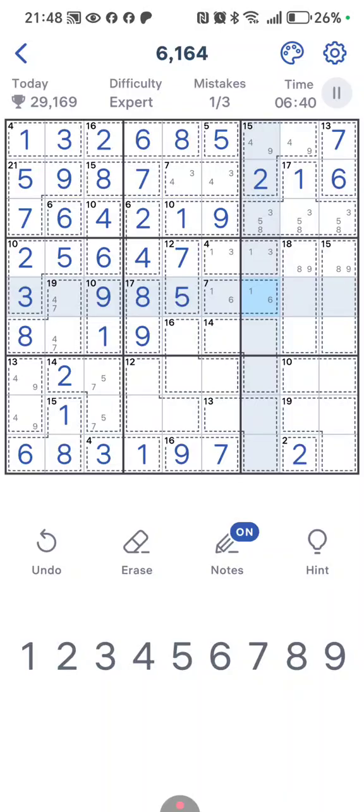Okay. So 1 can either go there or there. So what is this? 2, 3, and 6. Yes, basically.